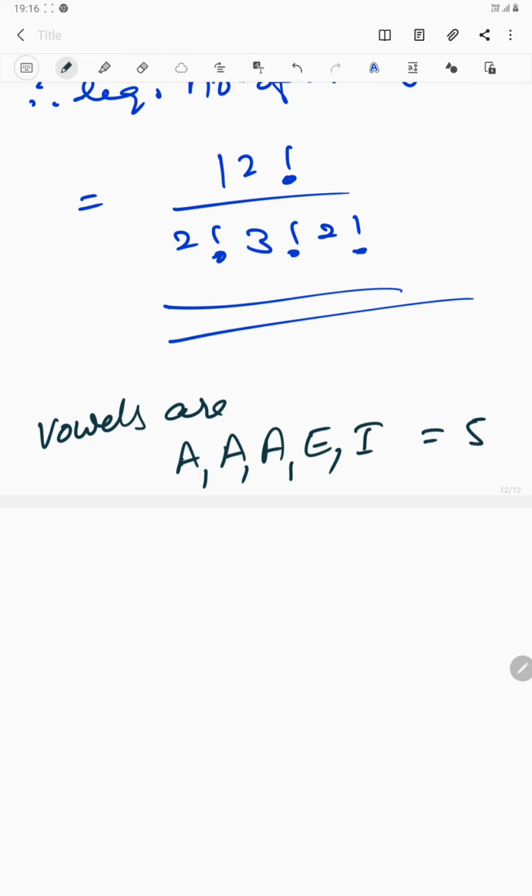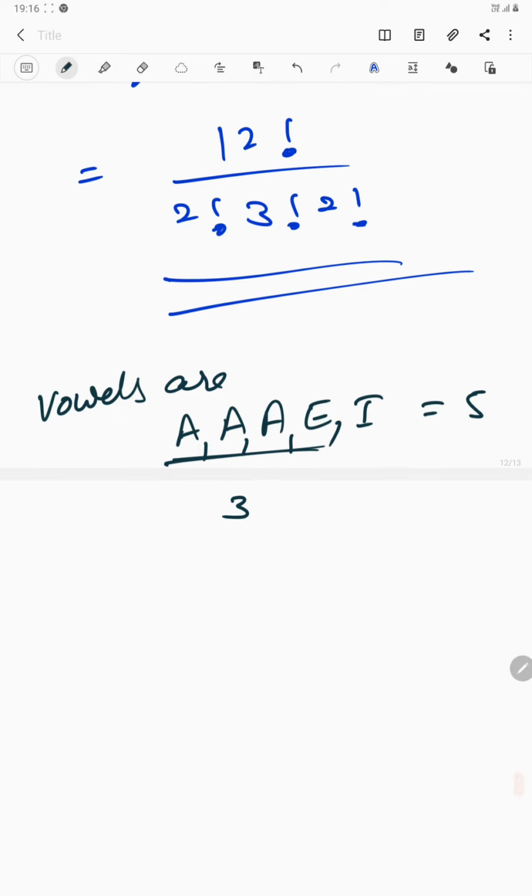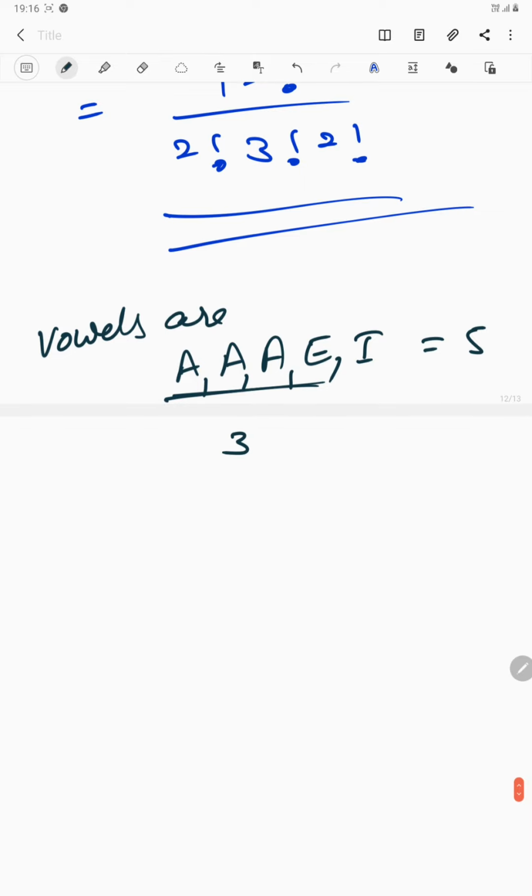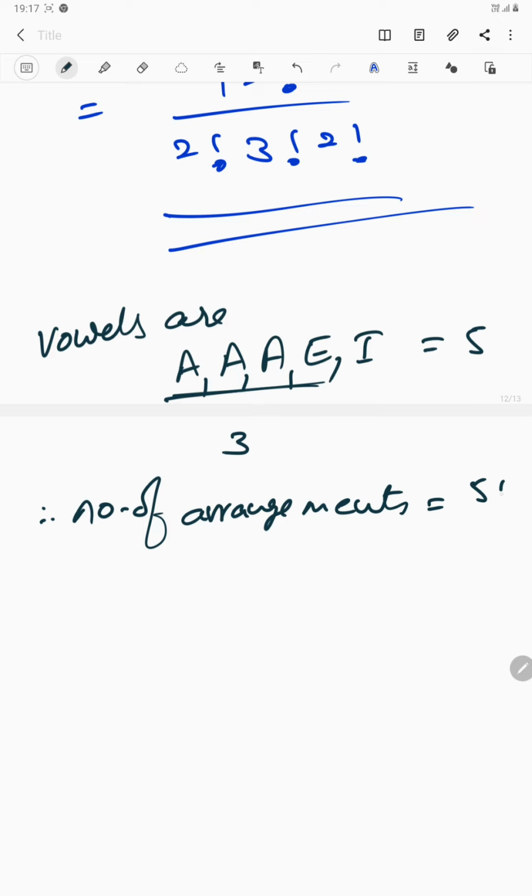Total 5. And A's 3 hai. Therefore, only vowels can be arranged in how many ways? Therefore, number of arrangements is equal to 5 factorial by 3 factorial.